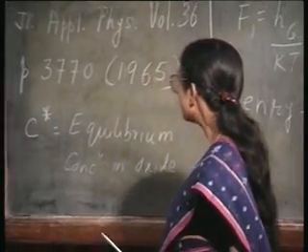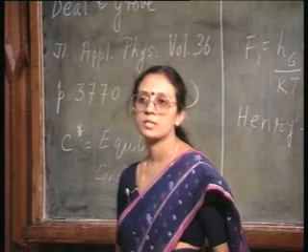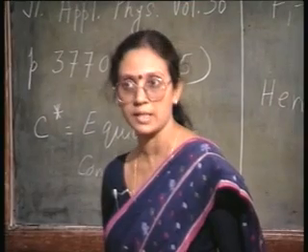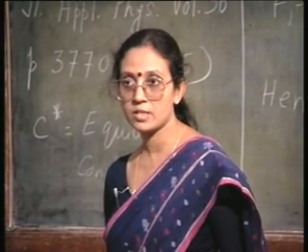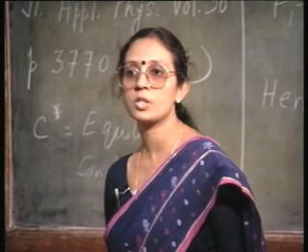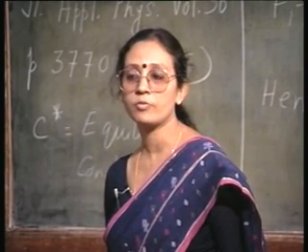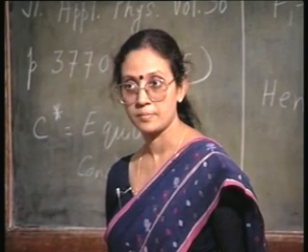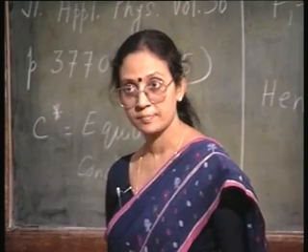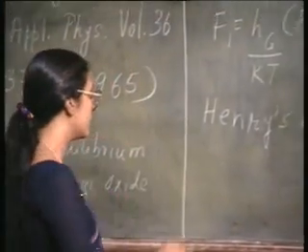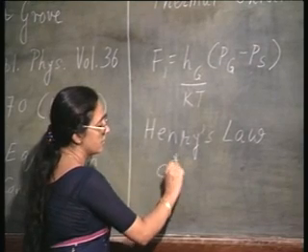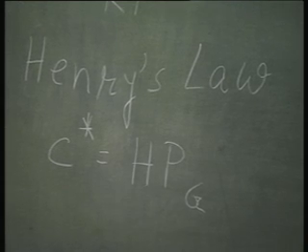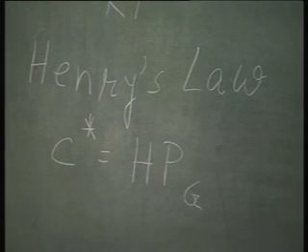I have already defined C star as the equilibrium concentration of the oxidizing species in the oxide, the solid being the oxide. So, by Henry's law, C star is going to be proportional to the partial pressure of this oxidizing species in the surrounding gas, that is Pg, right. In other words, by Henry's law, I could say C star is equal to Henry's constant times Pg, right.